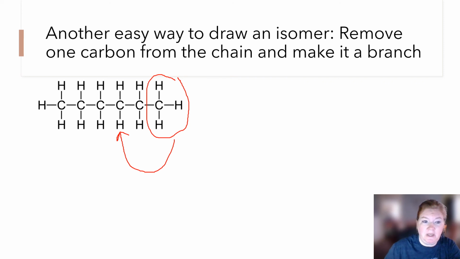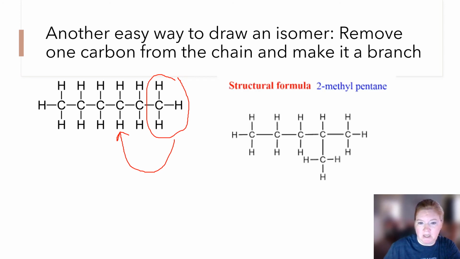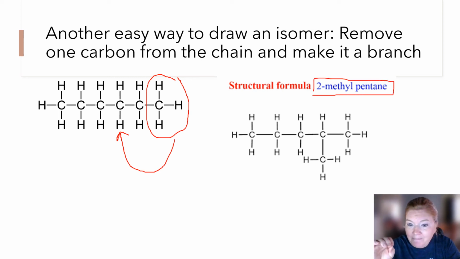So I don't want to do that. So I need to put it into a middle carbon. So when I do that, right here, you can see all I did is take this carbon and put it right here. Now I have a new name, 2-methylpentane. New name, new structure, same molecular formula, isomers.